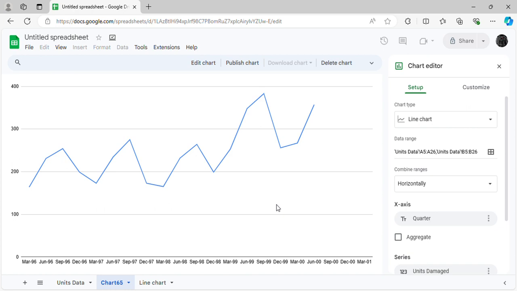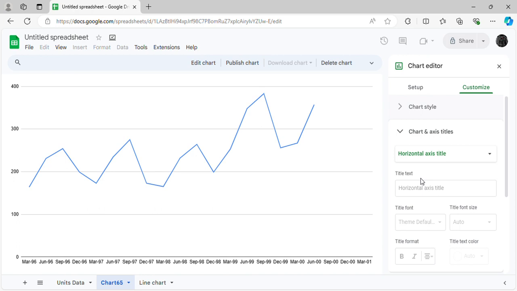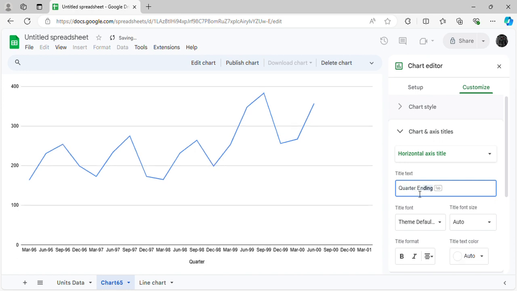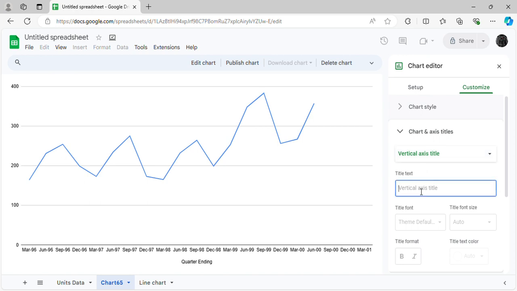So let's customize this line chart. Let's add the titles. For the horizontal axis title, let's type quarter ending. For the vertical axis title, let's type units damaged.